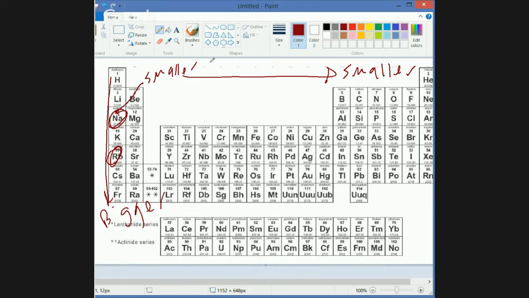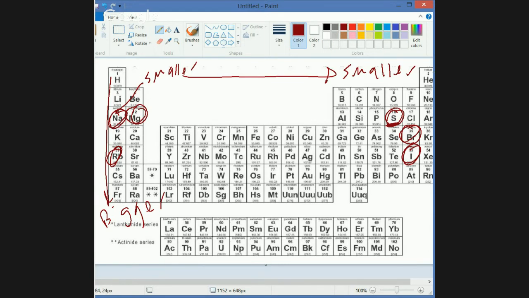If I look at sulfur versus magnesium, sulfur is the smaller one. And that's not a good answer to this question because sulfur is on the left and we want the larger one on the left. Next one would be bromine with iodine. Wait, the one on the left is smaller than the one on the right, so that's not a good match.